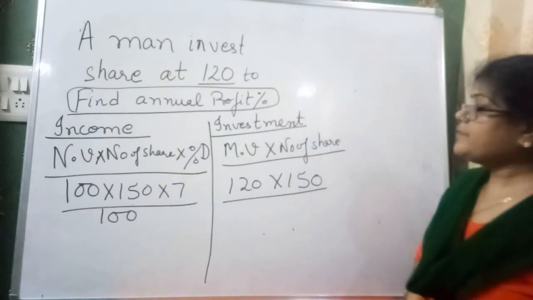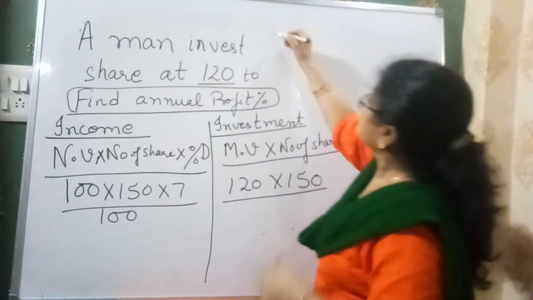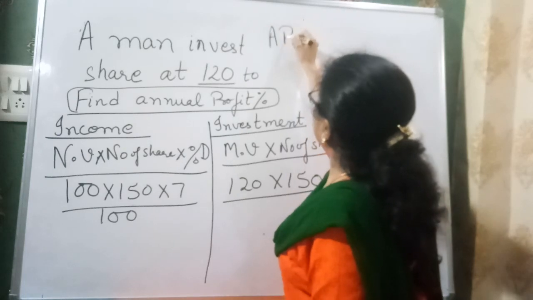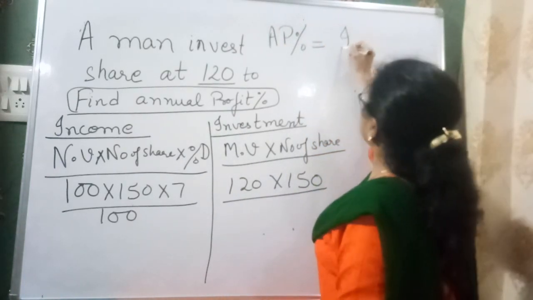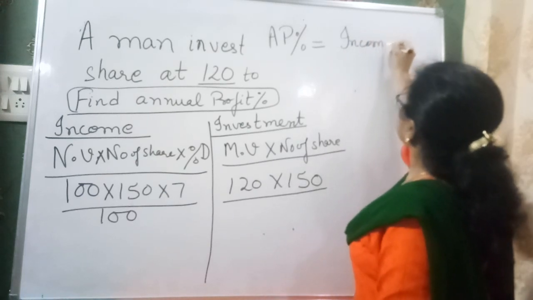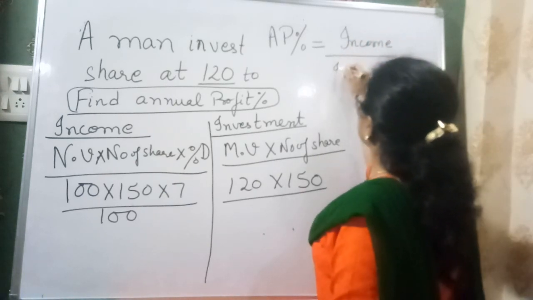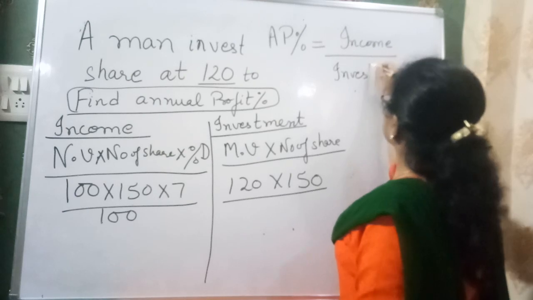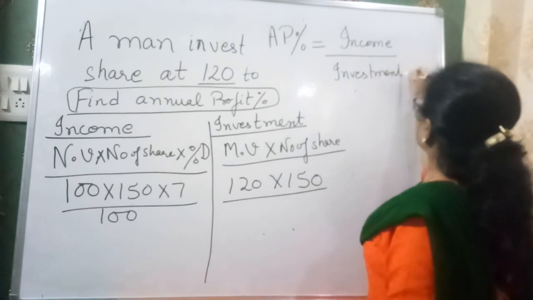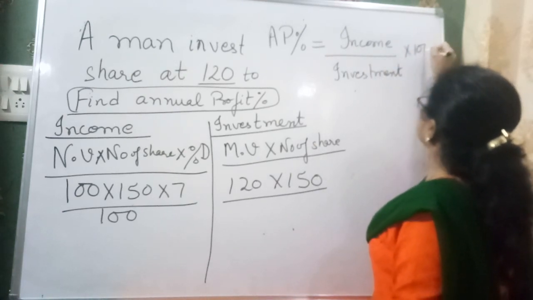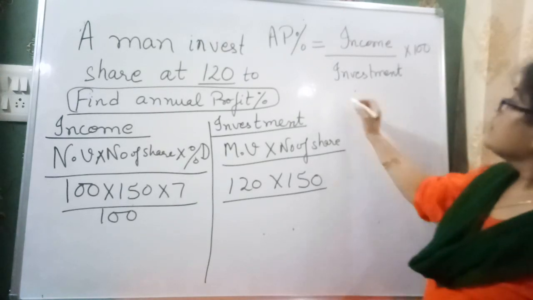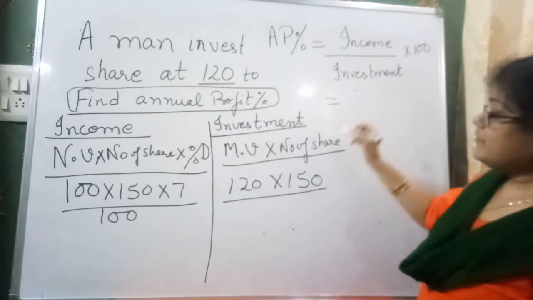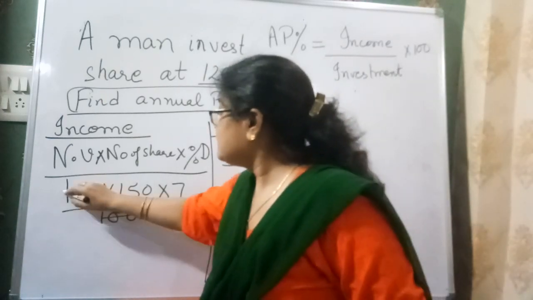Annual profit percent is income by investment into 100. Clear? In income we have 100 get cancelled.